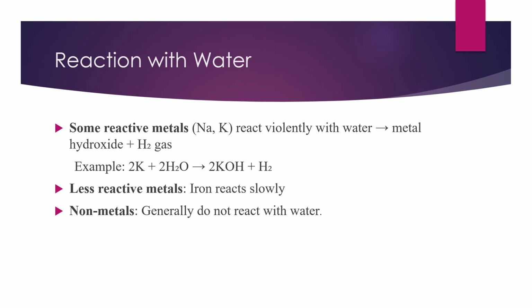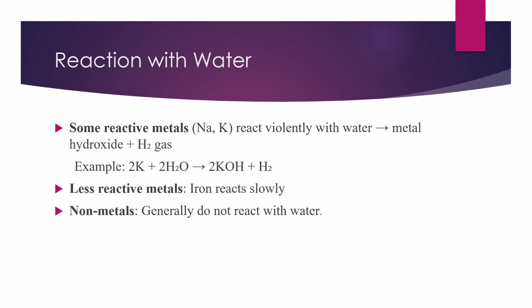Some reactive metals like sodium, potassium react violently with water, giving metal hydroxide and hydrogen gas. For example, potassium reacts with water: 2K + 2H2O gives potassium hydroxide, that is 2KOH, plus hydrogen gas.